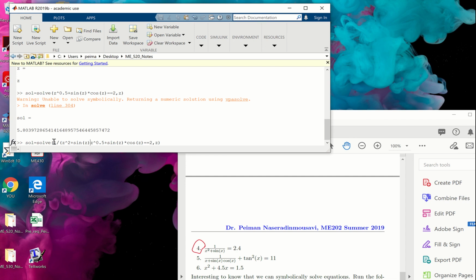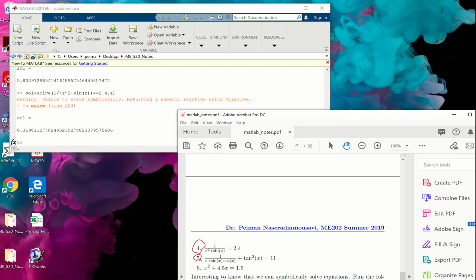Right? Here we go. It is equal to 2.4. So this is going to give this solution. Understand? And now number 5.